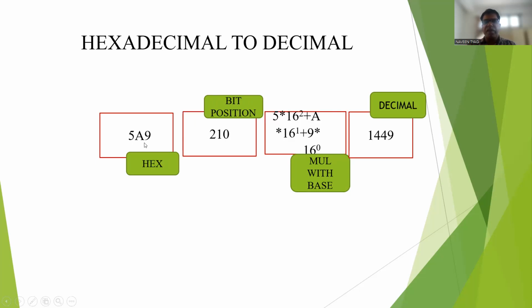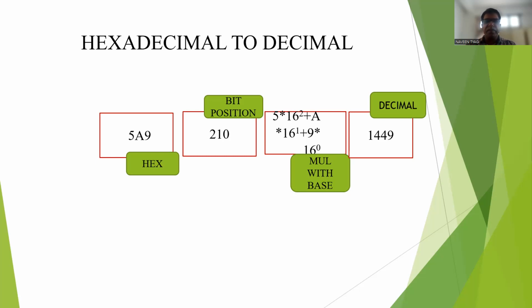Now next is 5A9. It is a hexadecimal to decimal conversion, from base 16 to base 10, where we have the number 5A9, which has bit positions 0, 1, 2.